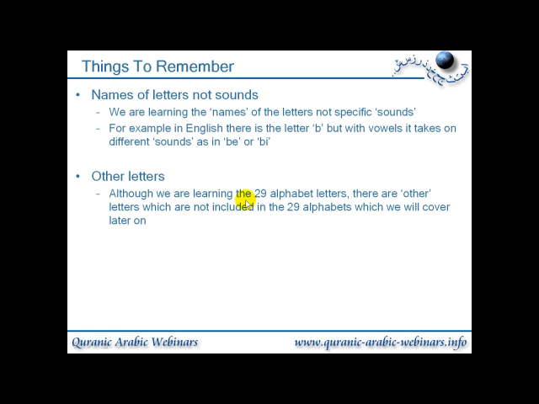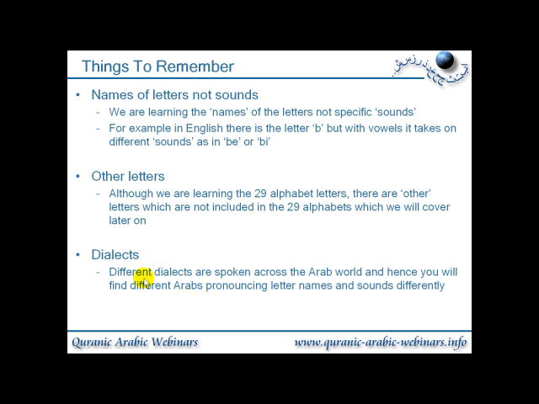Although we are learning the 29 alphabet letters, there are other letters which are not included in the 29 alphabets, which we will cover later on. Dialects. Different dialects are spoken across the Arab world, and hence you will find different Arabs pronouncing letters and sounds differently. And this can be quite substantial, so you'll have to listen to different dialects to see the difference.